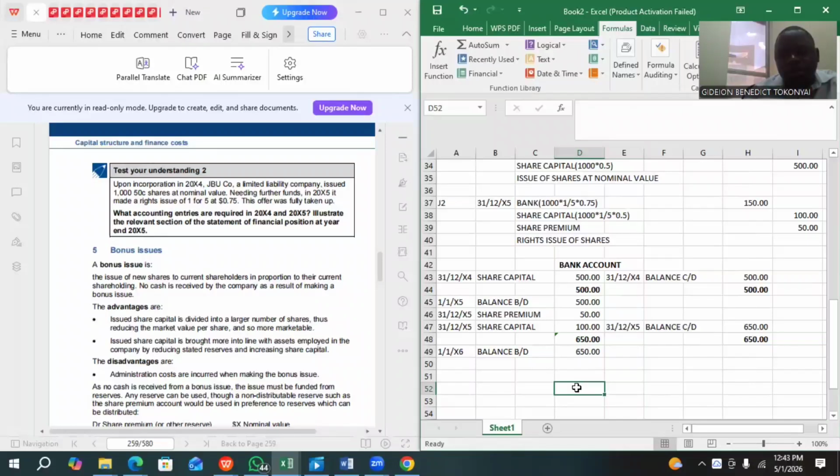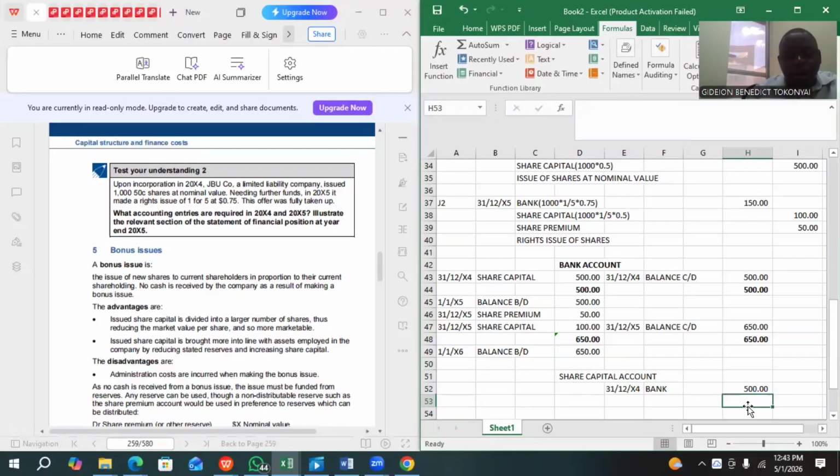Then you go to share capital. For the share capital account, the first journal on 31 December 20X4 created share capital from the bank in the amount of 500.